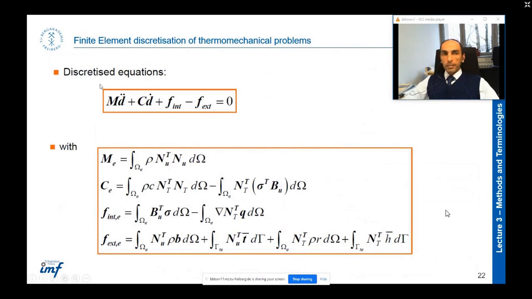Then we have the discretized equation in this form, and the parameters are in the weak form, in integral form. So it seems that everything is ready, and the computer now can solve the problem.